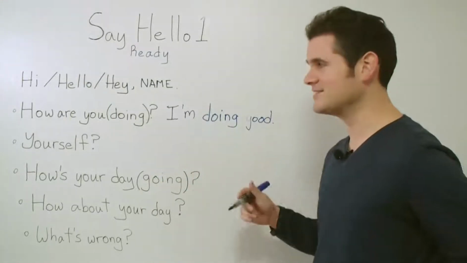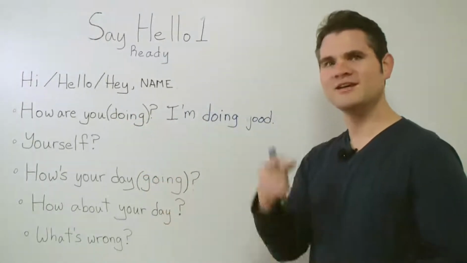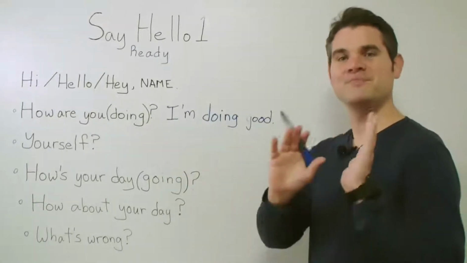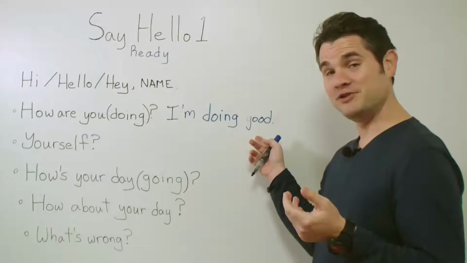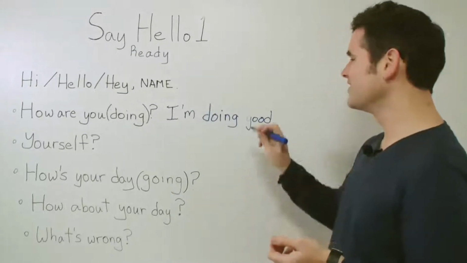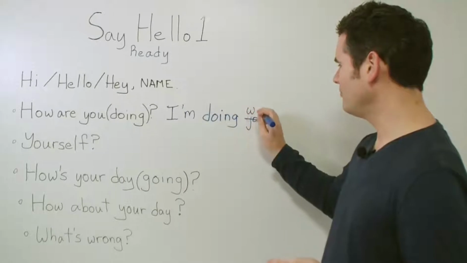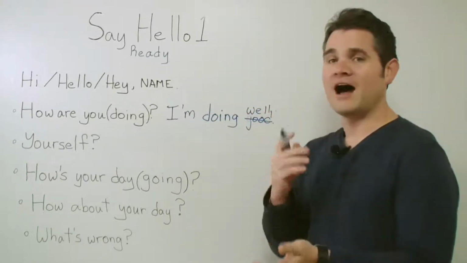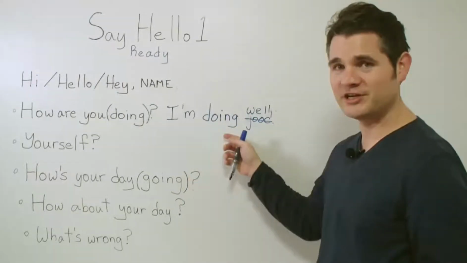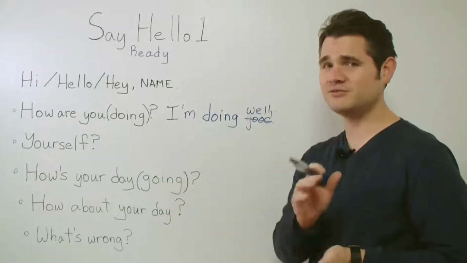This is the most common answer that I hear when I ask this question. Hey Ricky, how are you doing? I'm doing good. So many people answer this using this pattern, but technically this is grammatically incorrect because you want to use the adverb of good, which is well. I'm doing well. But understand that you can say, I'm doing good, I'm doing well. It's so commonly used in English conversation, so do remember that.